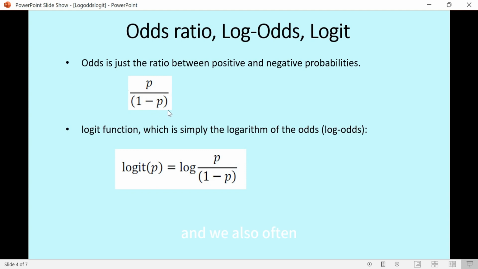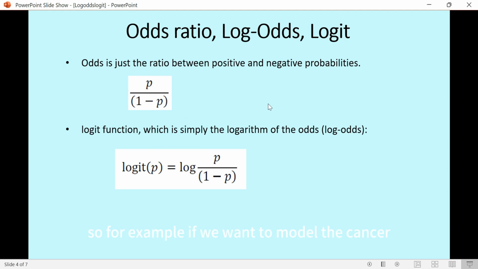We also often hear about the odds ratio and the log odds, or logit. What are they? The odds ratio is quite easy. It is just a division, or we say odds or odds ratio, between the positive probability and the negative probability.